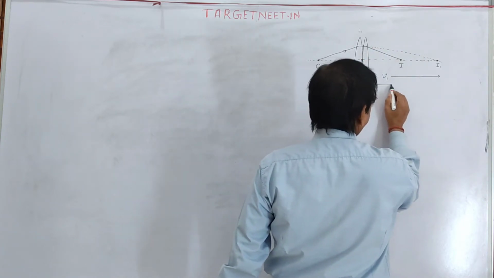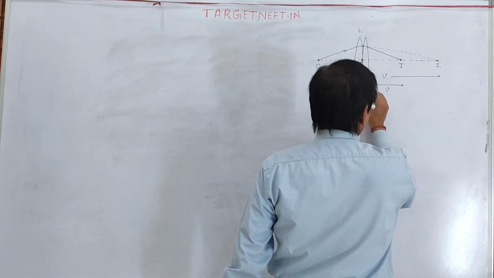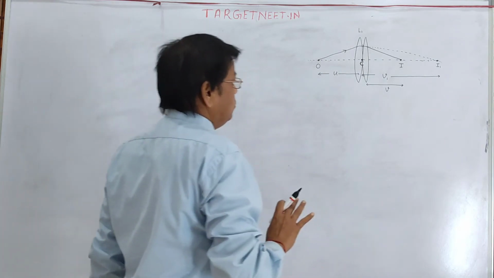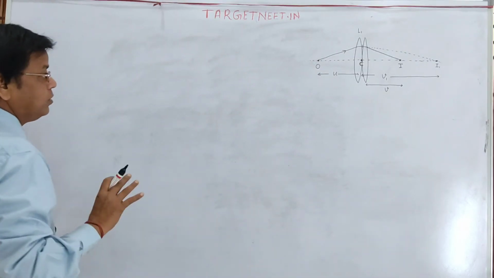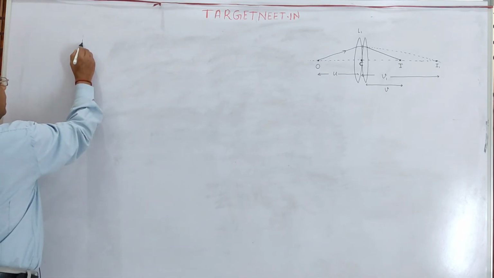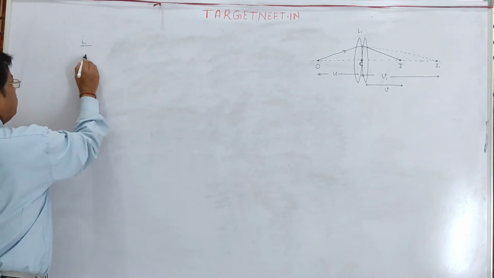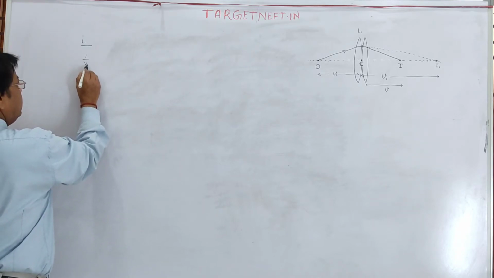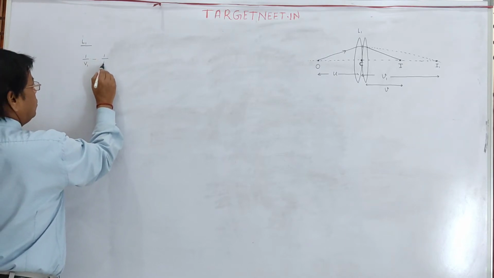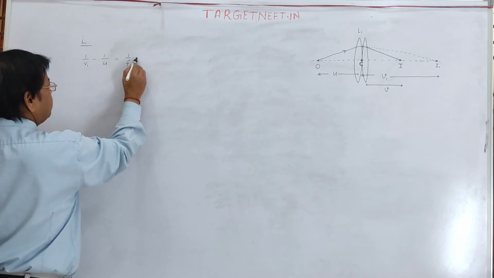This distance I am taking as V, the distance of the final image from point C. So if I use refraction through the first lens L1, what we have to use: 1 upon V1, this is the image distance for the first lens, minus 1 upon U, object distance, is equal to 1 upon F1, focal length of the first lens.